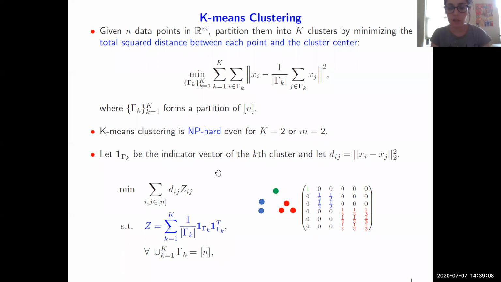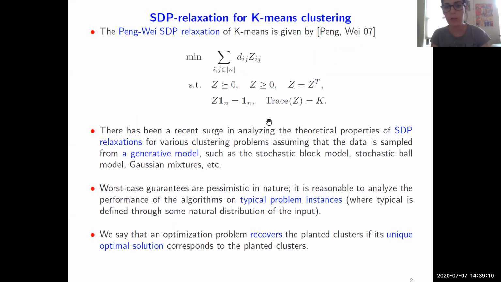And actually, if I just write down the properties that I told you, you get this well-known Peng-Wei SDP relaxation of K-means. You can see that here I exactly have positive semi-definiteness, component-wise non-negativity, symmetry, row sums equal to 1, and trace equal to K. Now, this SDP was presented a while ago, and it's probably the most widely used convex relaxation for K-means.